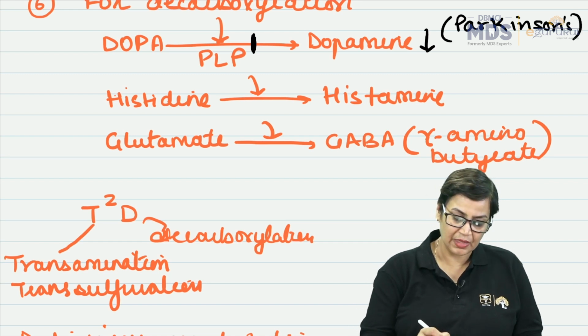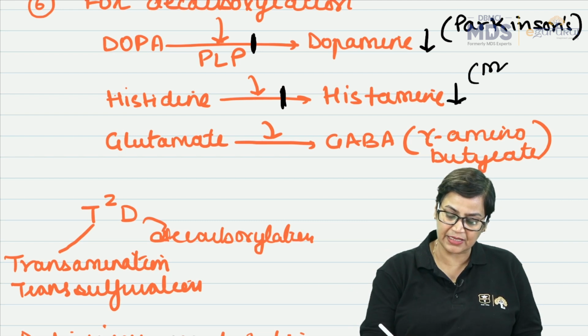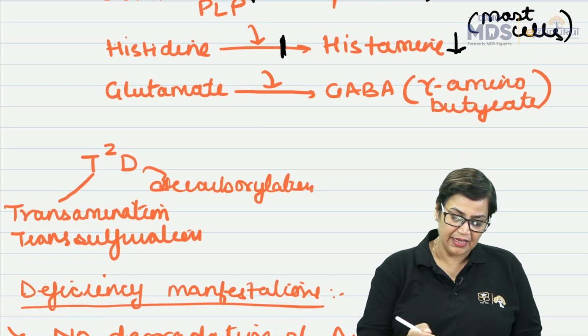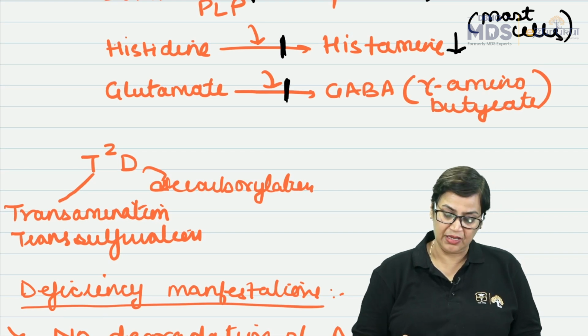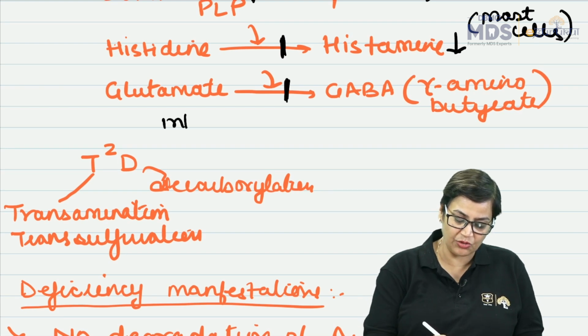Right? If this reaction is not possible, histamine concentration decreases. We know histamine is secreted by the mast cells and it plays a very, very important role in hypersensitivity. And then if this reaction does not take place, GABA or gamma aminobutyrate, it is an inhibitory neurotransmitter.